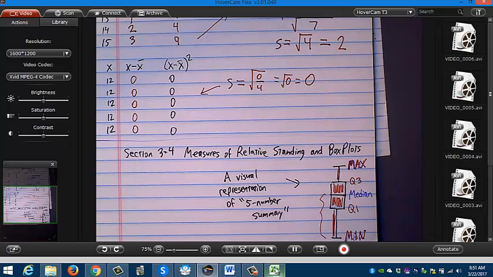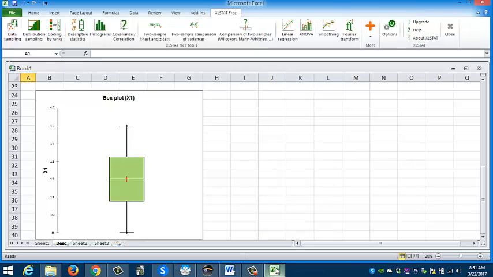If we look at the 5-number summary again, for our original data set, what would be Q1? Well, it looks to me like it's below 11, right? But it's above 10. Okay? So I think it's actually around 10 and a half or something like that.